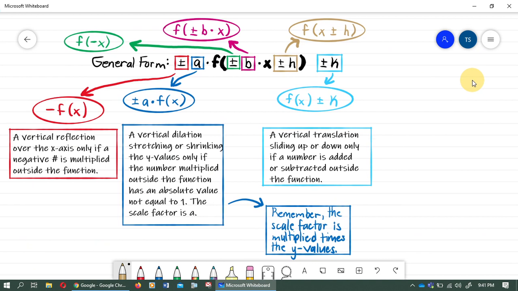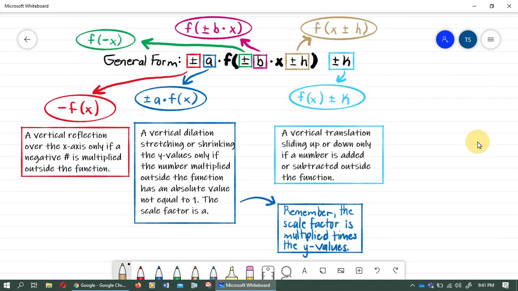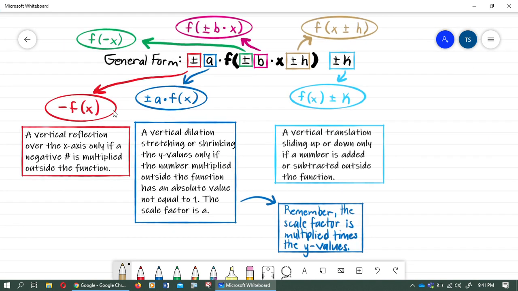And again, we've talked about this already, guys. At the bottom here, with the red, the dark blue, and this light blue, we've got the vertical changes. Those vertical changes happen based on changes that happen outside of the function.